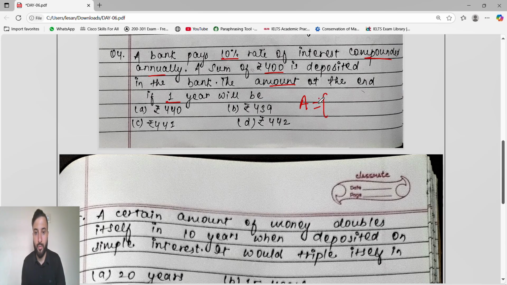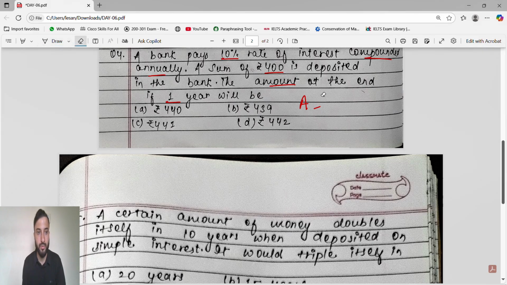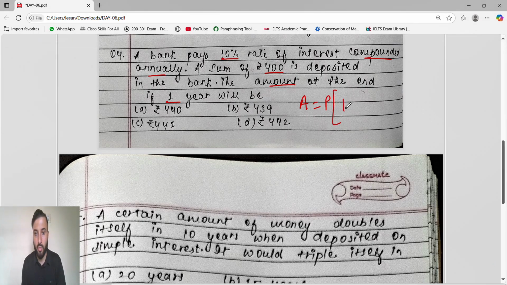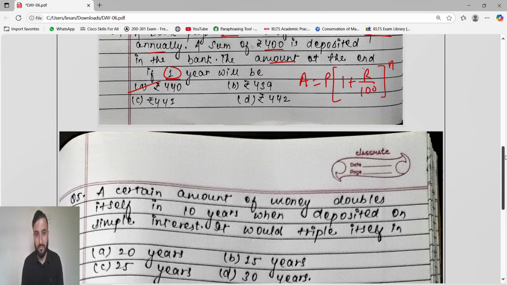We use the amount formula for compounded annually: principal into 1 plus r by 100, whole power n. Here r is 10 divided by 100, which is 0.1, plus 1 is 1.1. n is 1, so it remains the same, into principal 400. You will get 440 as the answer.